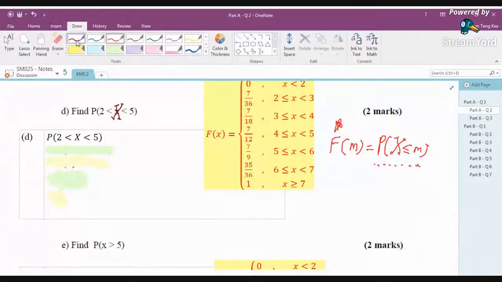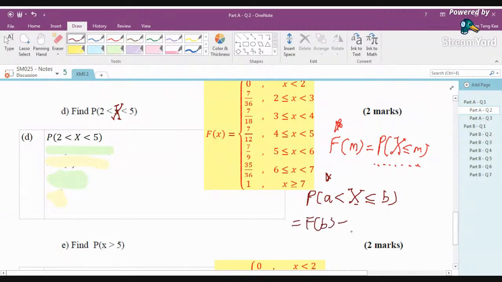So, by the way, when we have such inequalities, maybe some of you memorize that for P(A less than X less than or equal to B), we just use F(B) minus F(A), with the condition that behind has equal, in front no equal. So if you memorize this formula, you just need to do an adjustment like what I do here.